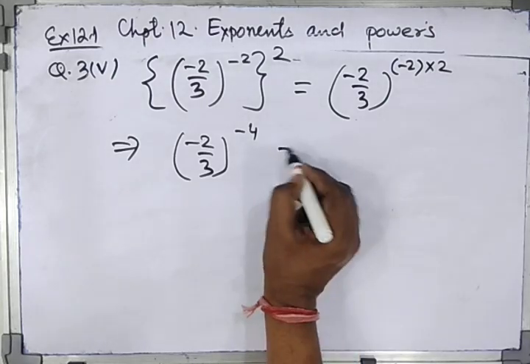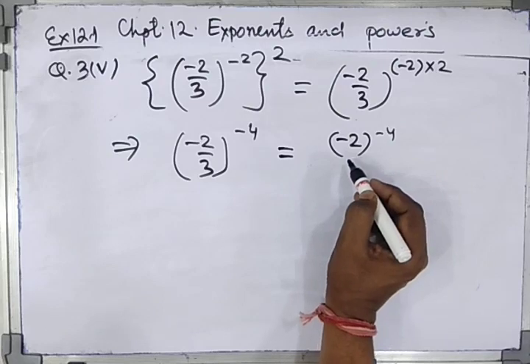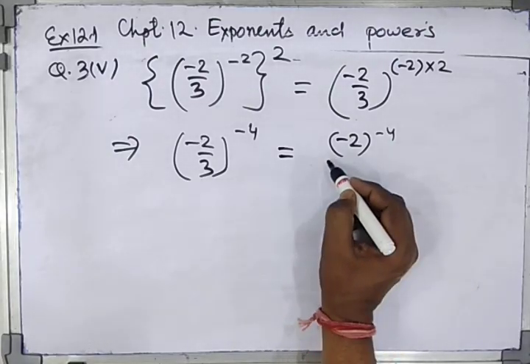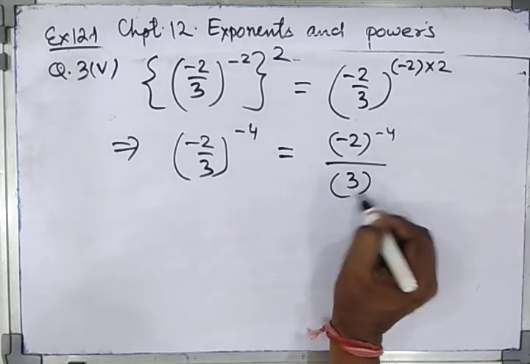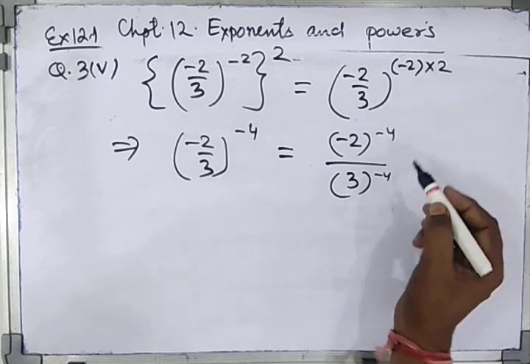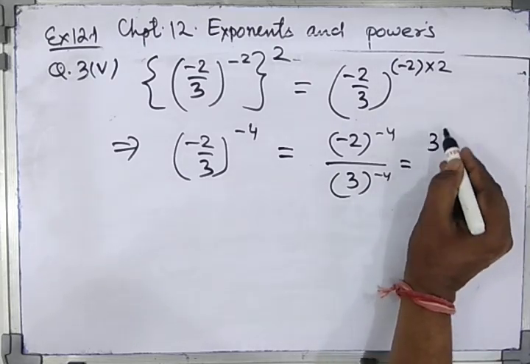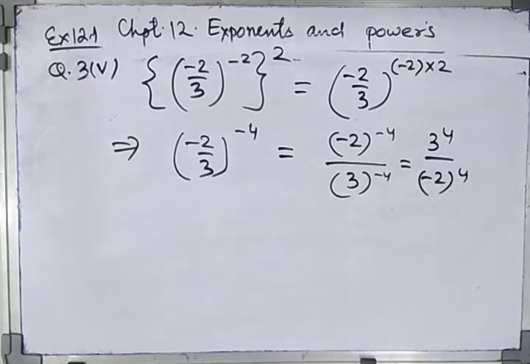So, students, this will be equal to minus 2 raised to minus 4 and 3 raised to minus 4. So this will be equal to 3 raised to 4 by minus 2 raised to 4.